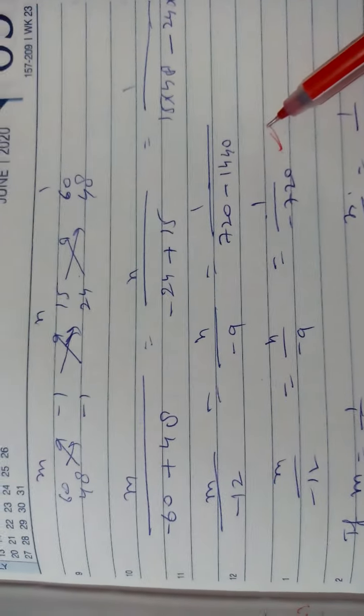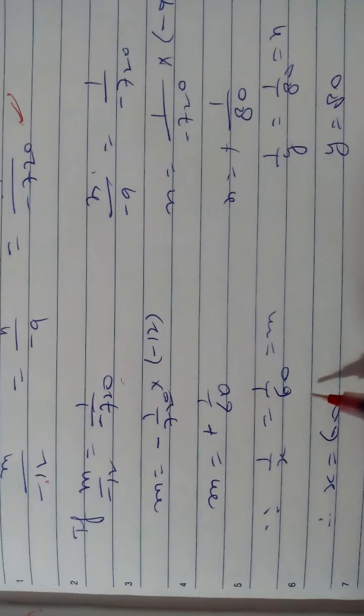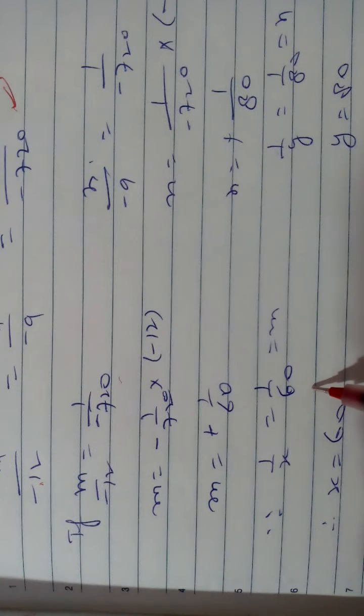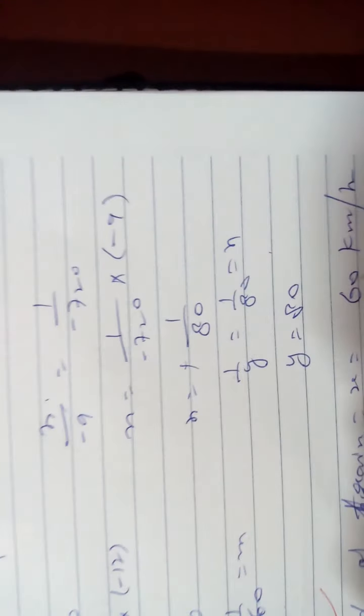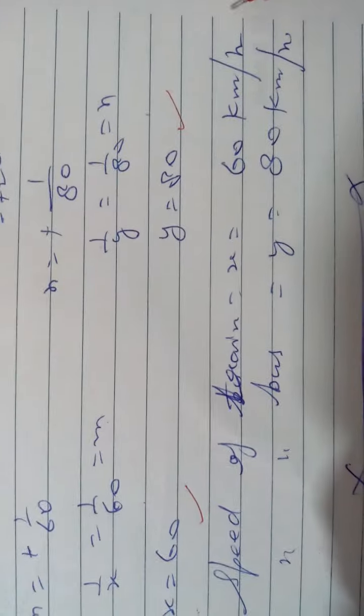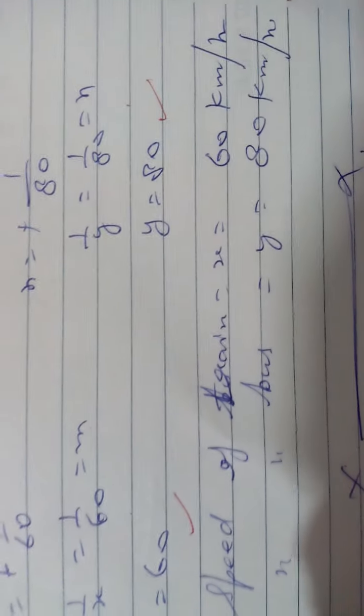Then m upon minus 12 is minus 1 by 720. Now you will see m is equal to 1 upon 60, simplifying. So 1 upon x is m, so x is 60. Similarly, y you get, y is 80. So the speed of the train is 60 km per hour and the speed of the bus is 80 km per hour.